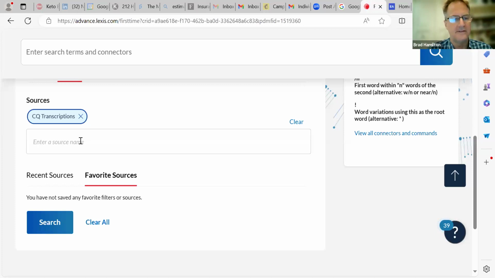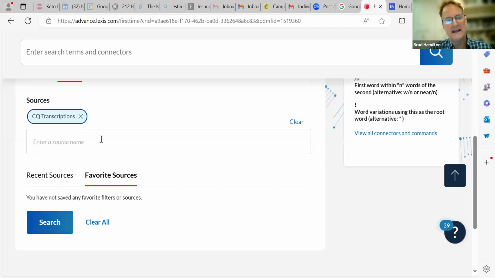So as she thought of them, she just typed them in here: Miami Herald, Los Angeles Times, Tampa Bay Tribune. As she thought of them, she typed them in, saw them, selected them, and then they bounced out like you see here in this oval, right? And at the end, she had about 30 different big city newspapers that are all linked together in essentially a group source search.